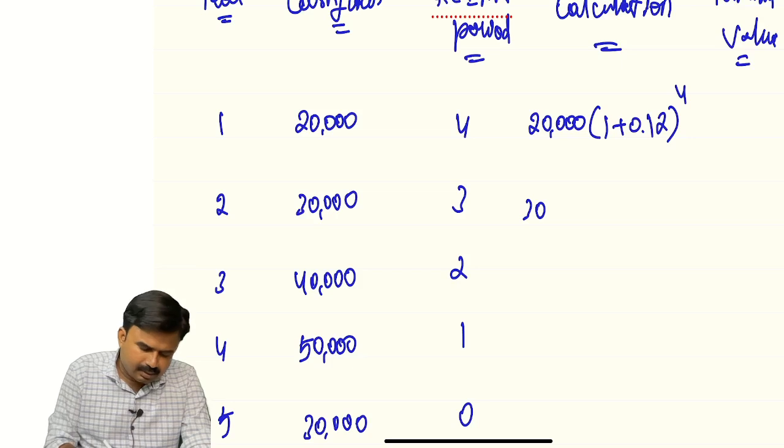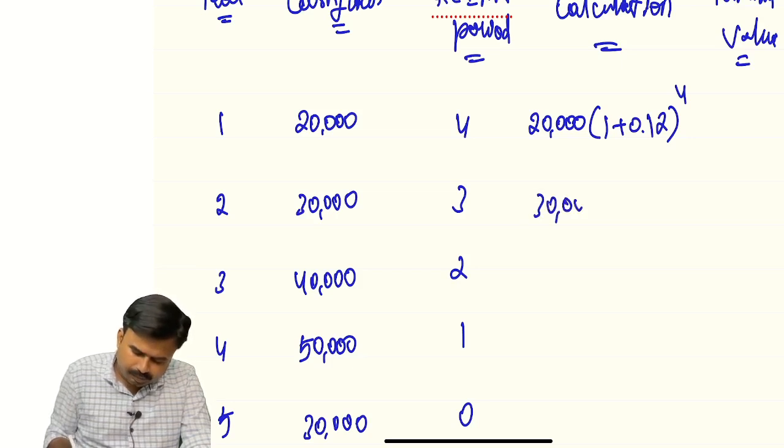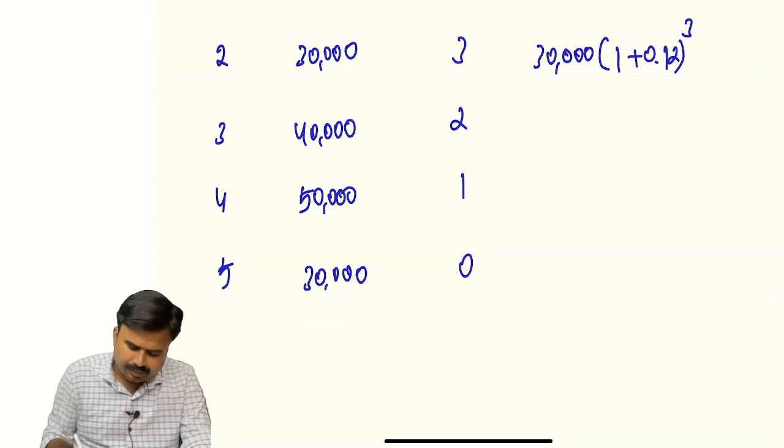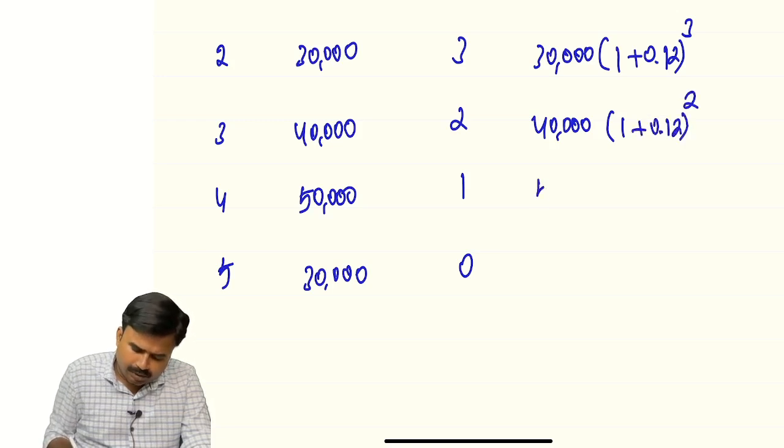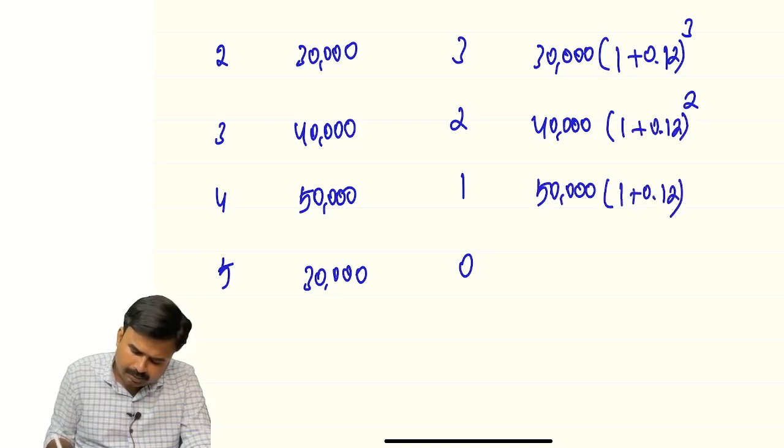30,000 into 1 plus 0.12 whole to the power of 3. 40,000 into 1 plus 0.12 whole to the power of 2. 50,000 into 1 plus 0.12 whole to the power of 1.